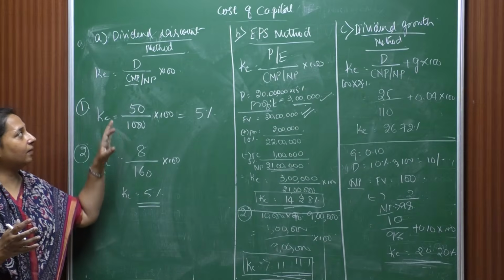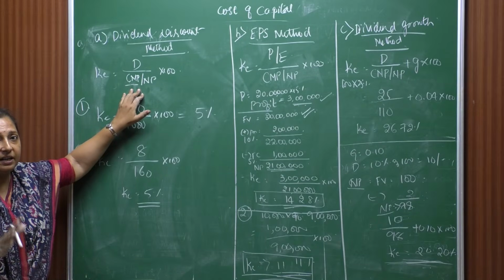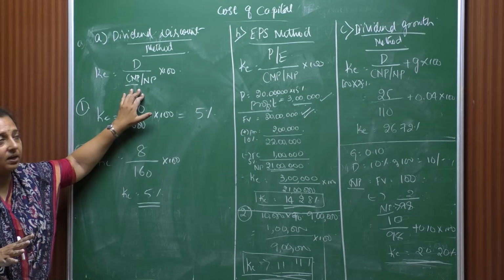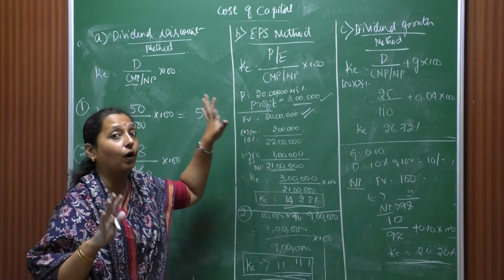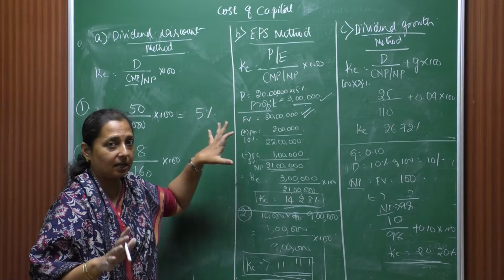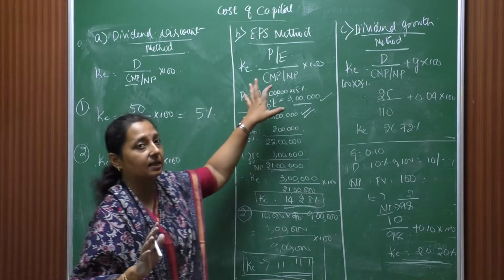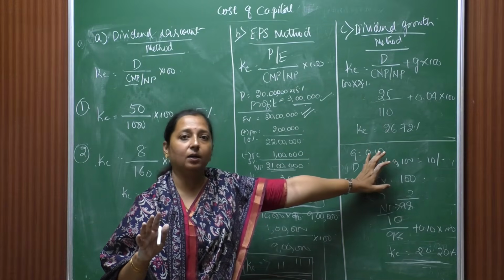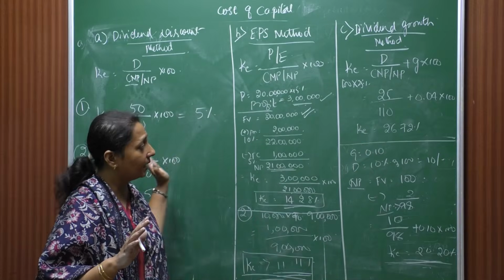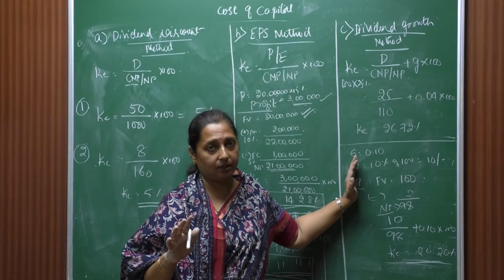Here I have clearly designated: if only dividends and the current market price have been given, it is the dividend discount approach. If operating profit or earnings, I repeat, operating profit or earnings has been given, it is the earning price approach. If a growth rate has been given, it's the dividend growth method. These are the three methods that will be used.